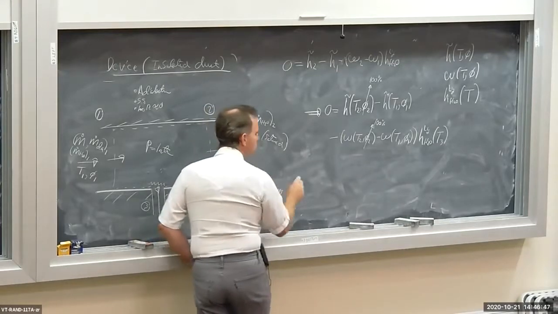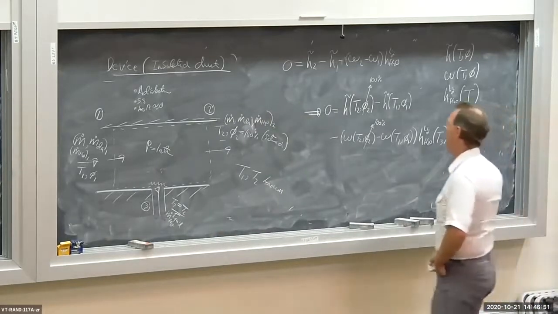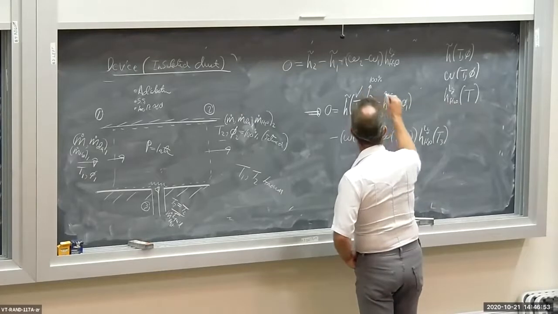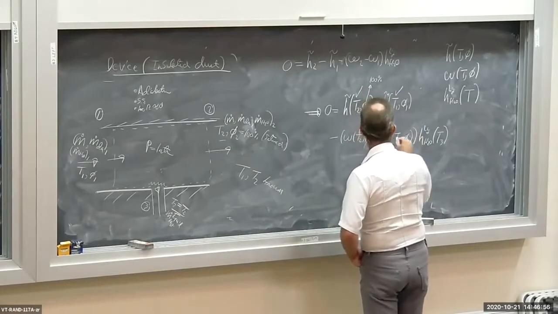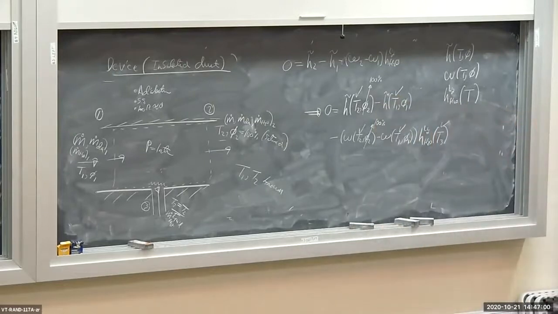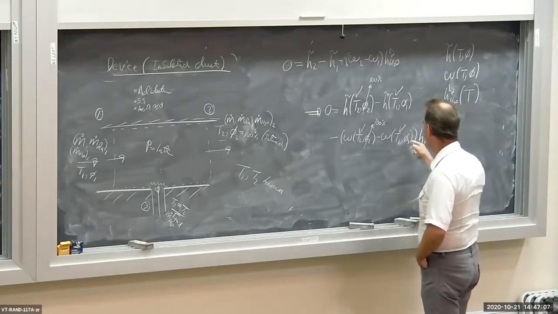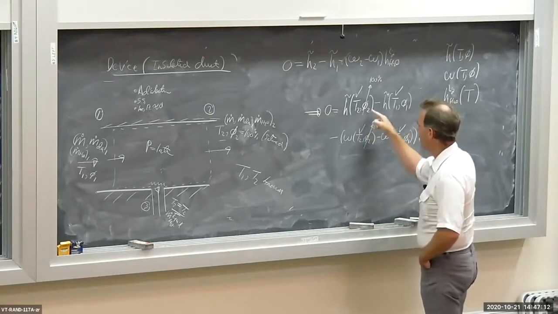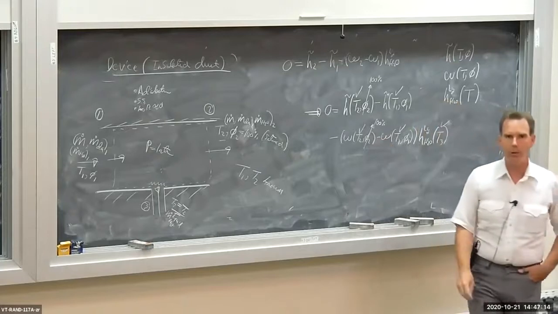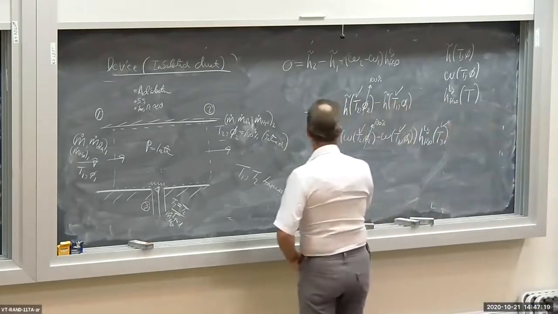I simply measure them with a thermometer. I know all these temperatures. This is one equation with one unknown. I know all the temperatures, and I know the relative humidity at the exit, which is 100%. So this is one equation and one unknown.